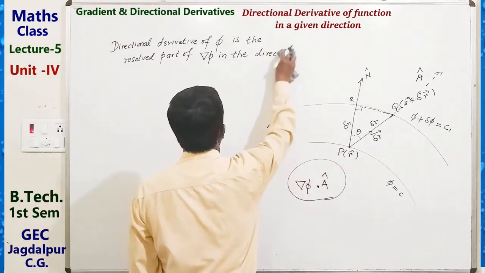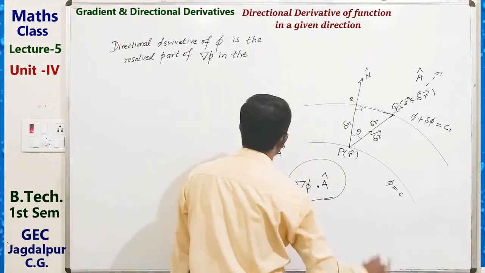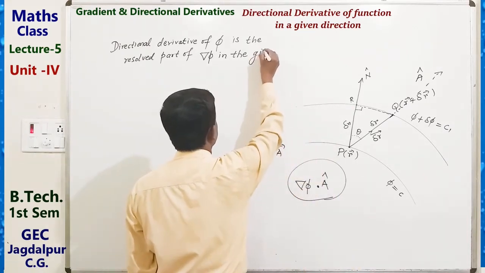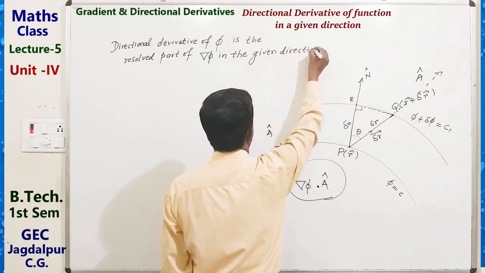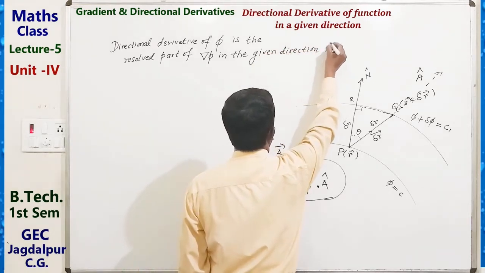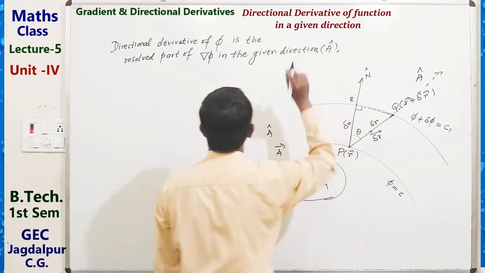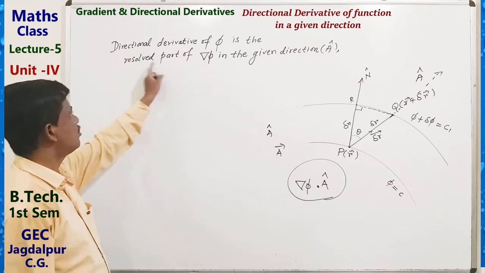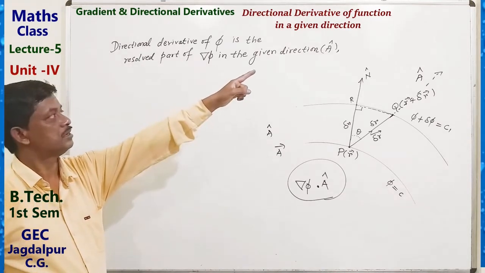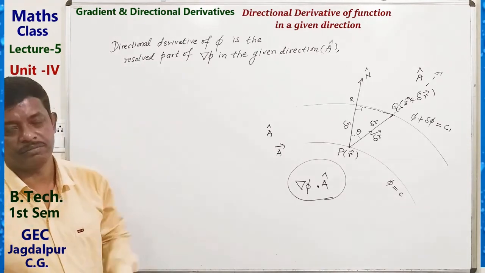The directional derivative of phi is the resolved part of del phi in the given direction a cap.